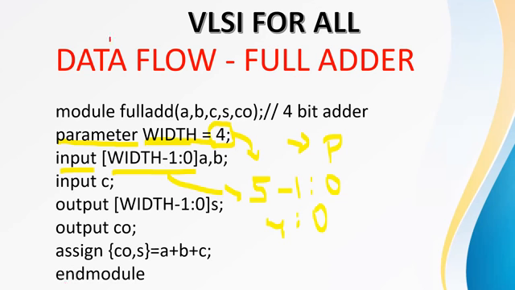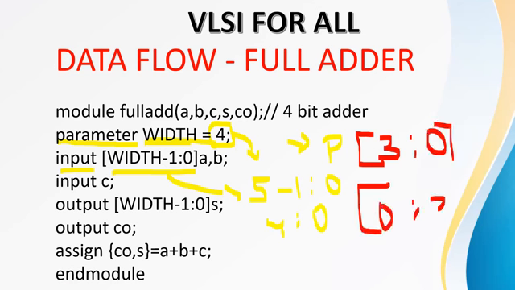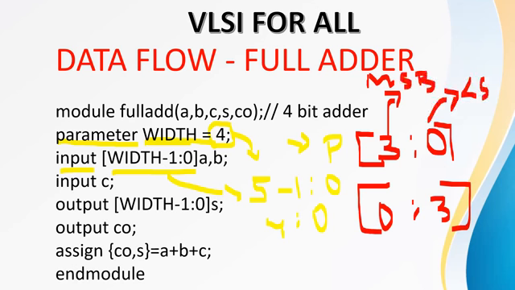Actually, you can write it as 3 down to 0 for 4 bits, or you can also write it as 0 down to 3. What is the difference? This 3 represents MSB and this 0 represents LSB. But coming to the next one, this 0 is LSB and this 0 is MSB.